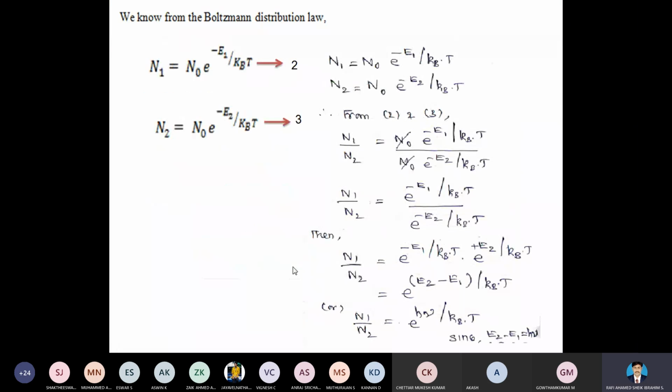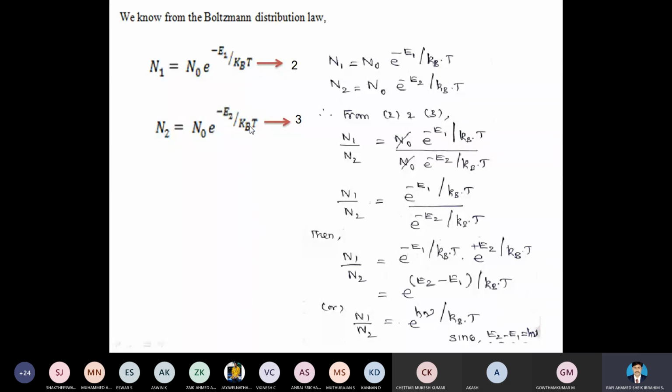That constant is Boltzmann's constant. According to the Boltzmann's distribution law, the number of particles in the energy state is given by N is equal to N naught e power minus E by kBT. So this is the general condition.